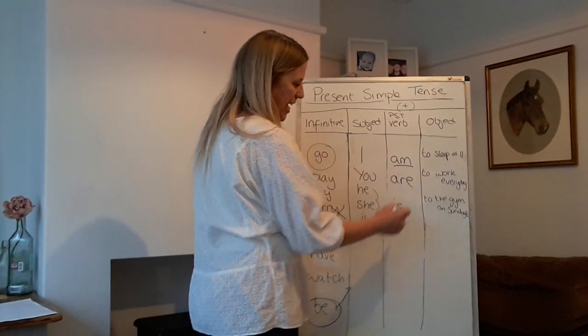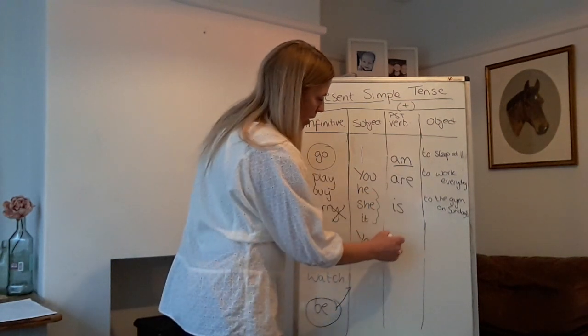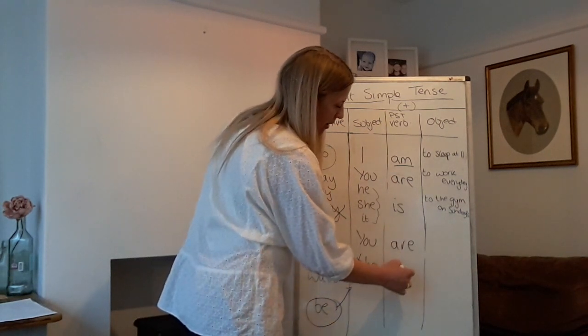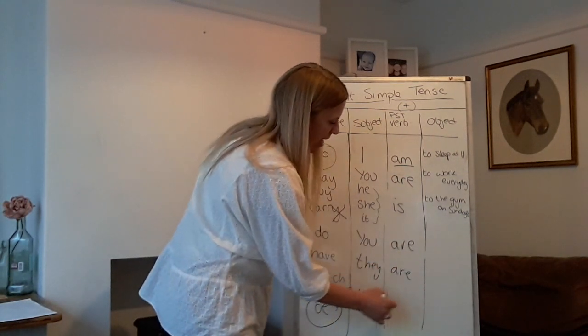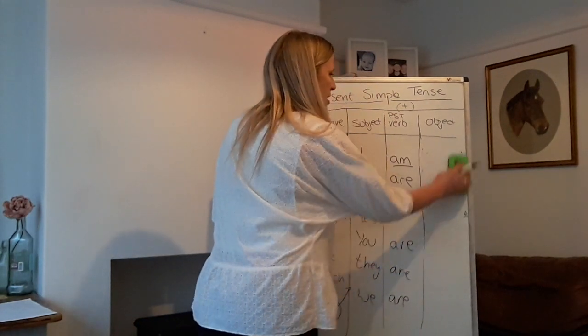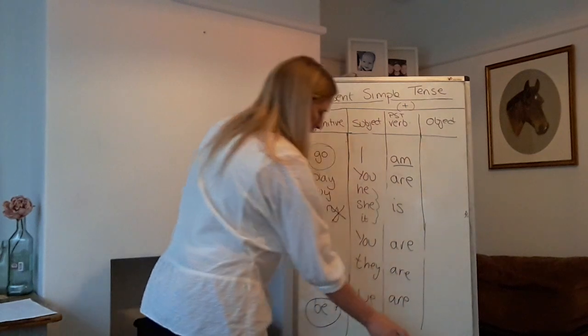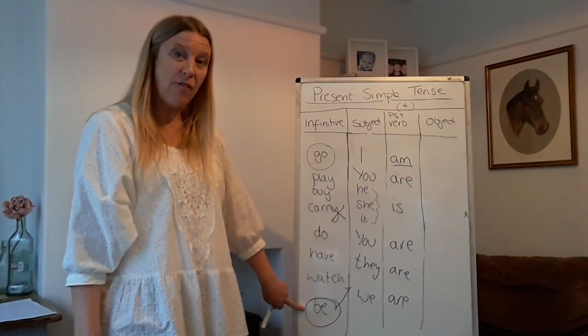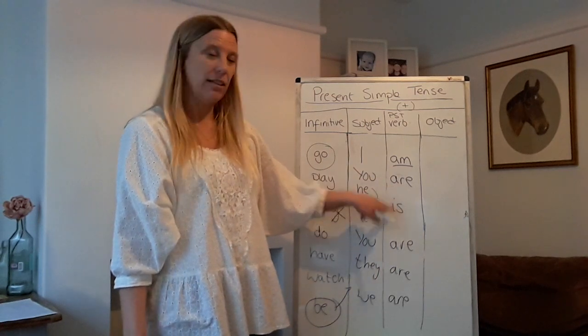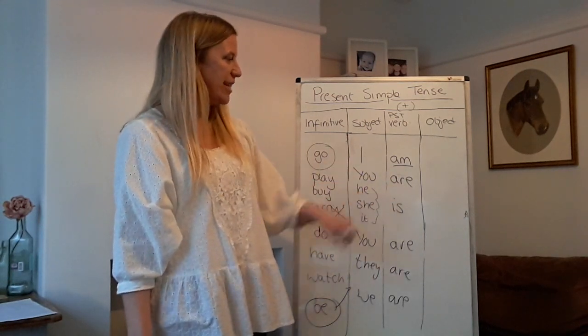He, she, it is. You are. They are. And we are. So in the present simple, the verb to be becomes am, are, or is. I am, you are, he, she, it is.